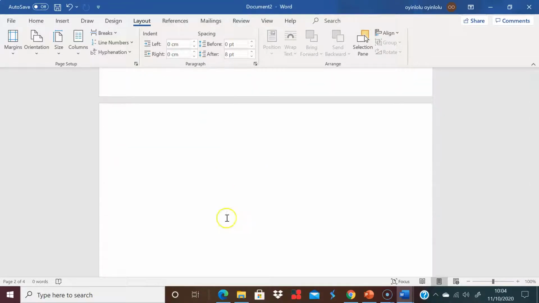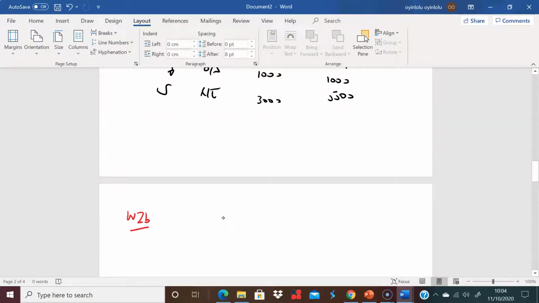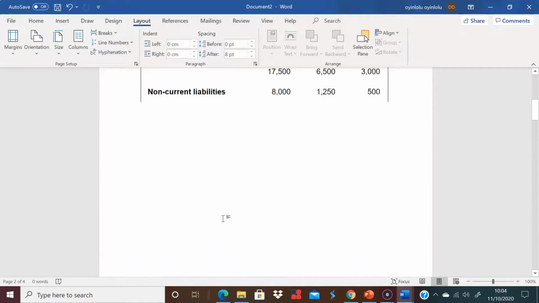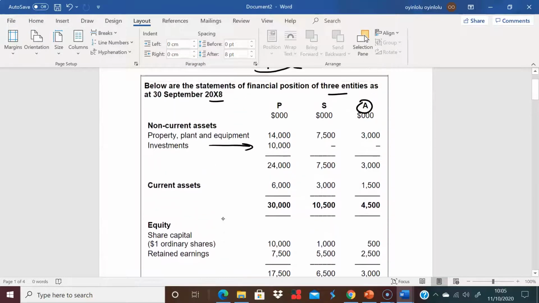Technically, you can call it what you like. I'm just going to call it working 2, just because it doesn't matter. I want to see what's happening straight away. When I look at this, you don't have to do it this way, it's just one idea.